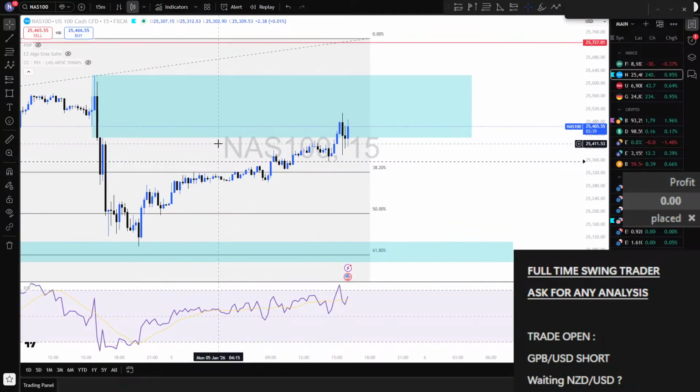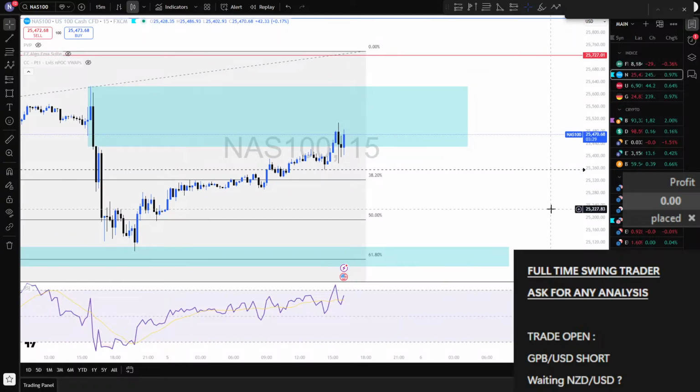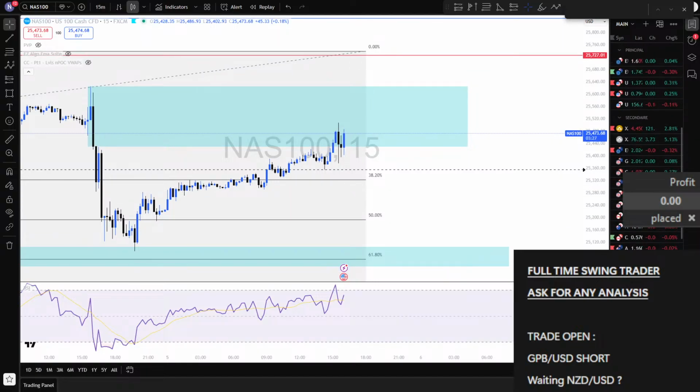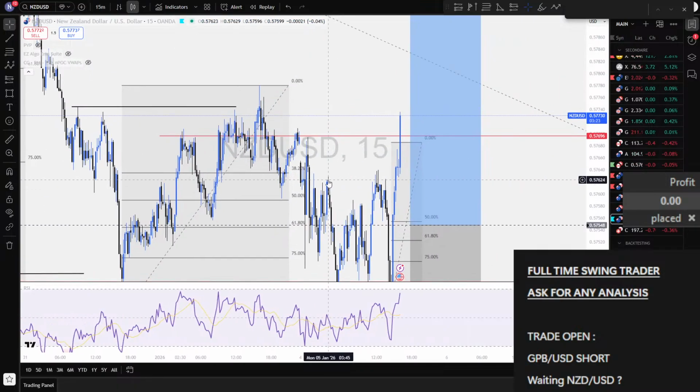Nasdaq is still the same plan, and nothing has changed since the news. I want it to break this, and we'll see after that. NZD USD is just flying without me.